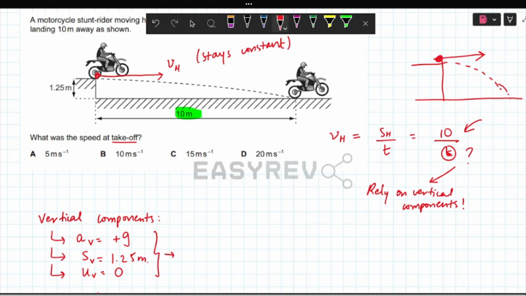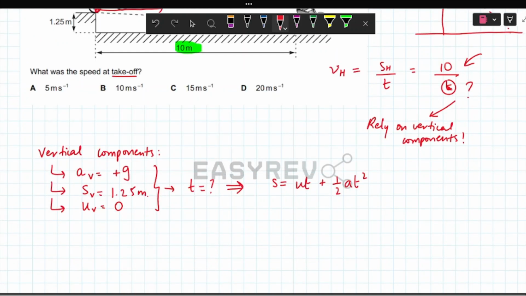values to figure out what the time of the projectile is using a very simple equation, one of the SUVAT equations in fact. That would be s equals ut plus half at squared, where this time we can plug in the numbers. s would be 1.25 meters, ut vanishes because u is 0, half times 9.81 times t squared. So simplifying this further, I get 1.25 times 2 divided by 9.81 equals t squared.